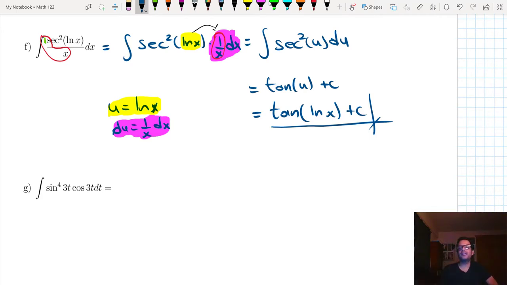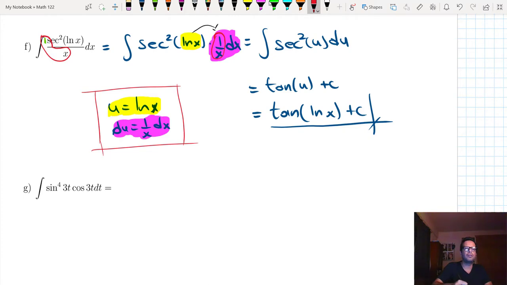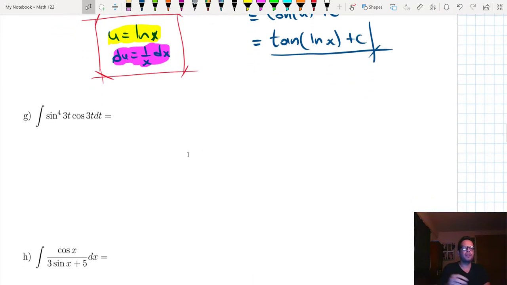So that's another example. Let's look at letter G. For letter G, what are we going to have? Notice we are going to have multiple chain rules going on. So let's see how this is going to work.